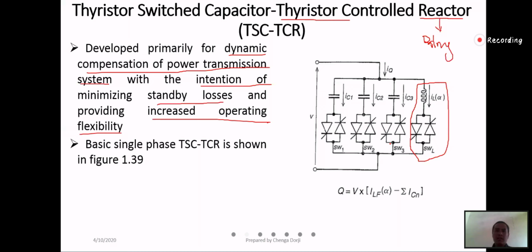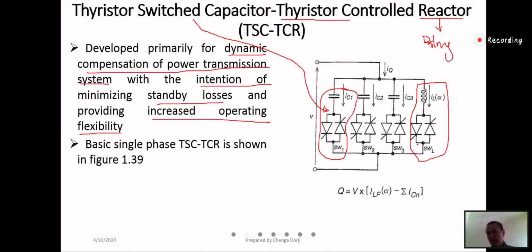Now for the thyristor switched capacitor, this is your thyristor switched capacitor. TCR is this, or not TCR, TSC. This is your TSC. So a number of TSCs are connected in parallel with the inductor. Depending upon the type of compensation you are going to do, the construction is everything same.